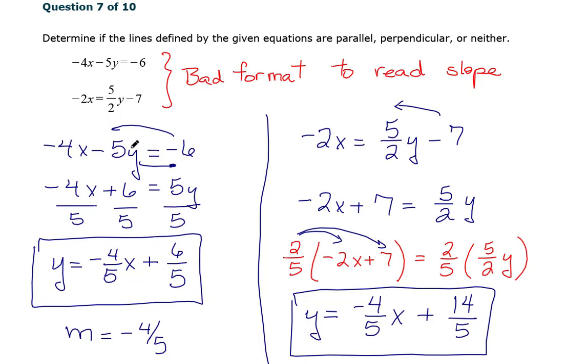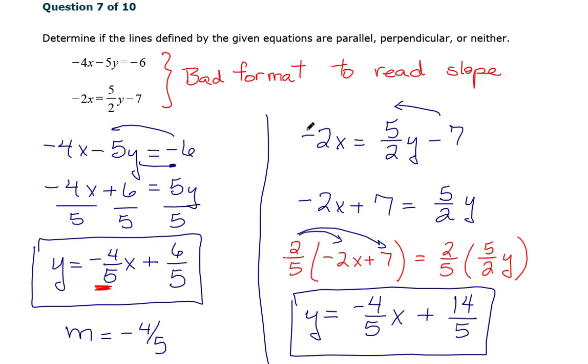So let's see. In the first one, I'm going to move the -6 to the left and the -5y to the right. Now that looks better. And now divide everything by 5. And so I see that m, sitting here in front of the x, is a -4/5.